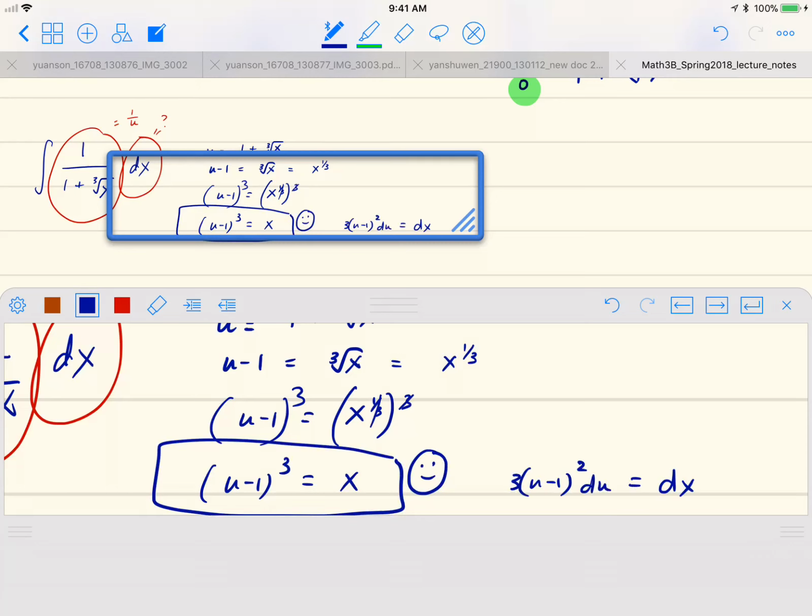The integral of 1 over 1 plus the cube root of x dx is equal to the integral of 1 over u times 3(u minus 1) squared du, where u equals 1 plus the cube root of x, and dx is 3(u minus 1) squared du. Okay.